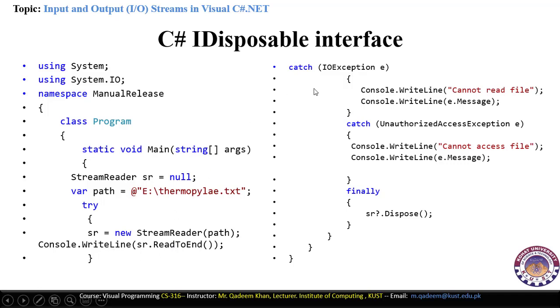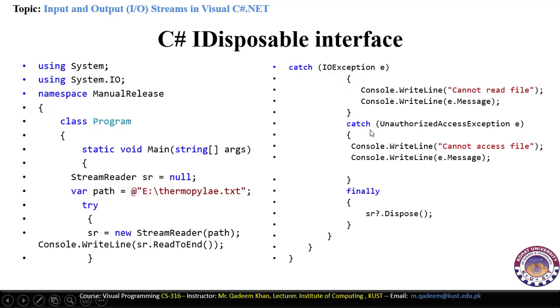Now, if there are certain errors or exceptions, then the catch statement will be responsible for catching the exception. So catch IOException e, Console.WriteLine "cannot read the file" if there is some input output exception, for example the file is not opening or the file has extension problems. Then the exception message will also be displayed using e.Message.